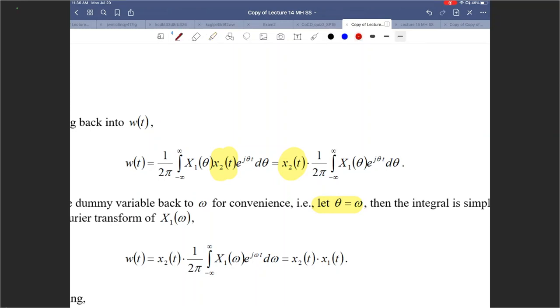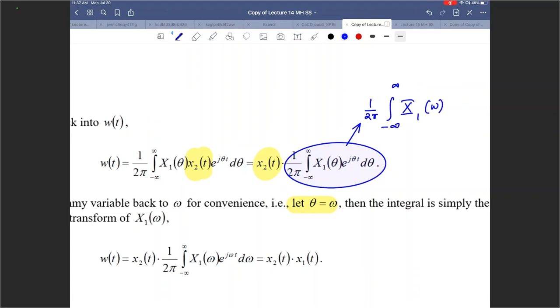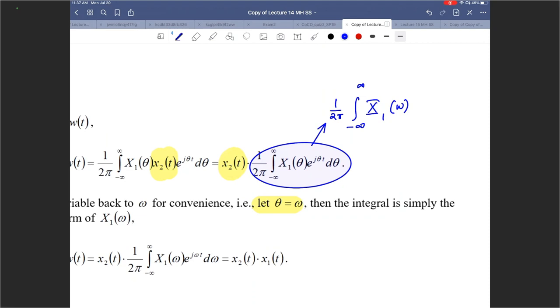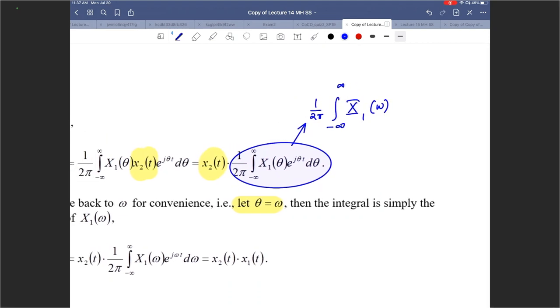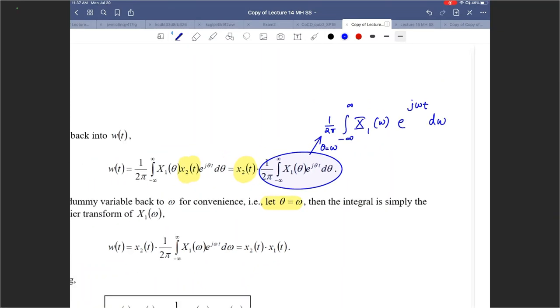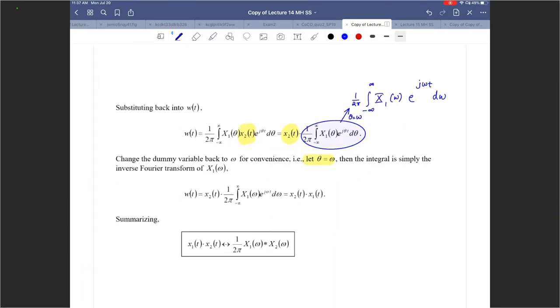You see that this becomes 1 divided by 2 pi, integration of capital X1 of omega e j omega t d omega, right? Just do a theta equals omega, done. And you will see that that is essentially the inverse Fourier transform of small x1 of t.